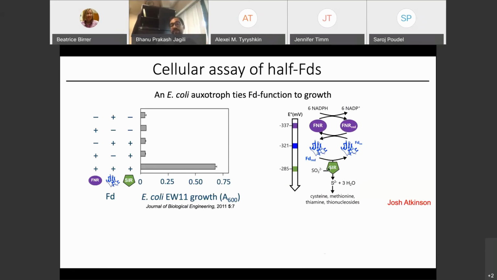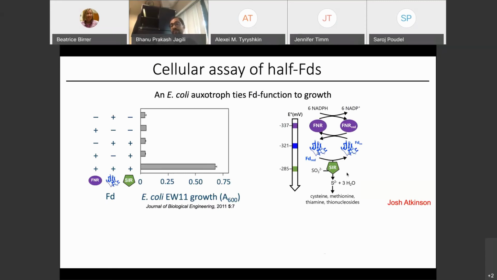For the bacteria to survive, we should introduce a ferredoxin gene, and that gene should be able to transfer electrons from the FNR to the ferredoxin protein, and the ferredoxin transfers the electrons to the SIR, which is sulfite reductase, which reduces the sulfite ion to sulfide ion, S-2. The E. coli EW11 strain can employ this sulfide ion to make amino acids like cysteine and methionine and other important biomolecules.